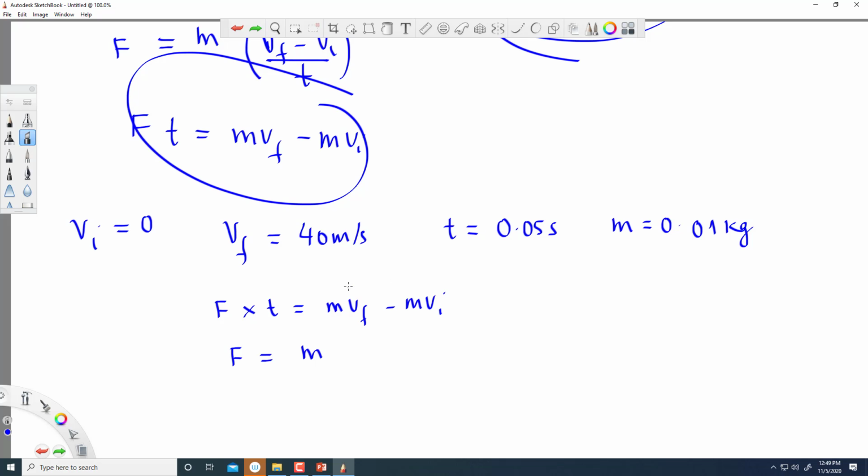So we have mass common on both sides, so you can take it out. Whenever you have two things common, you can take it outside the parenthesis and put everything else in the parenthesis. You can write this as Vf minus Vi. Okay, so that's what you can do. And this t you can take down to the denominator.